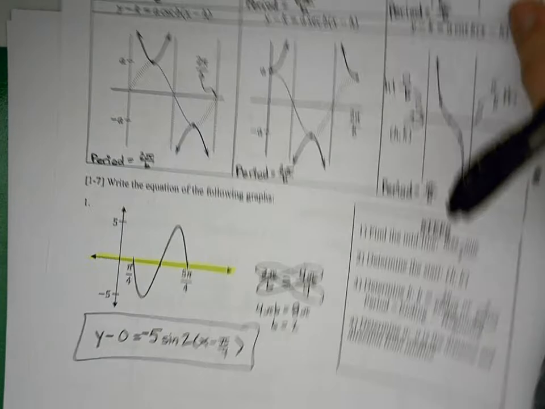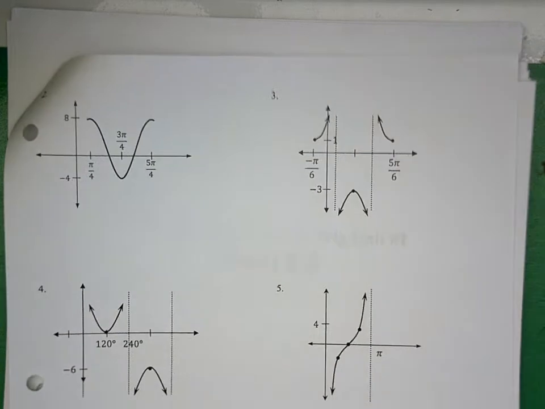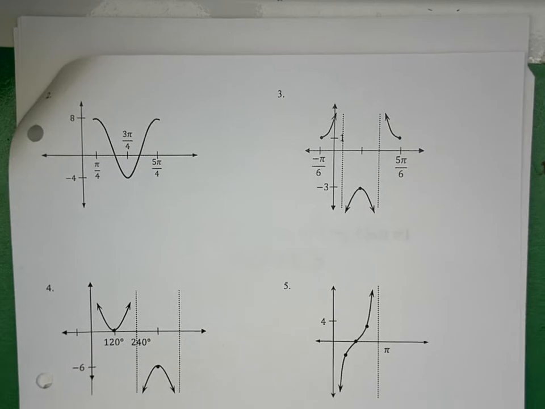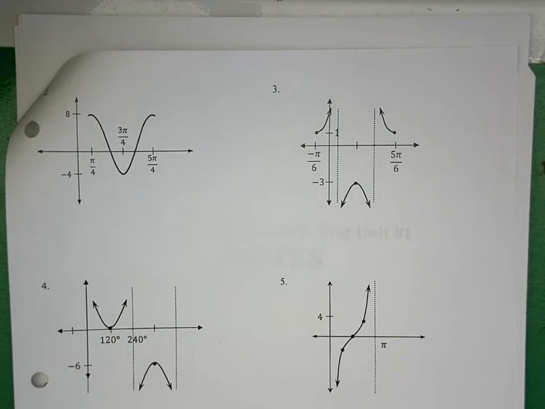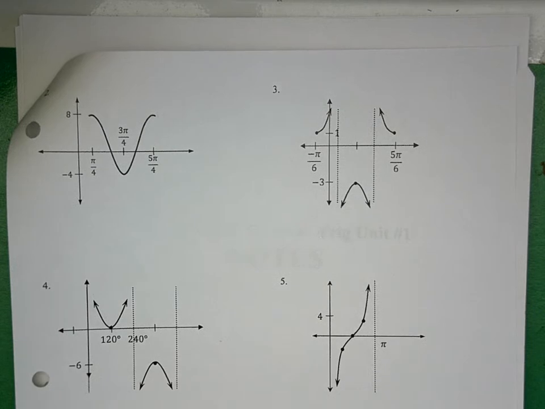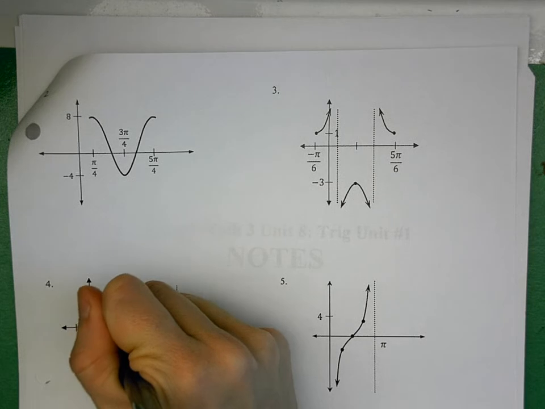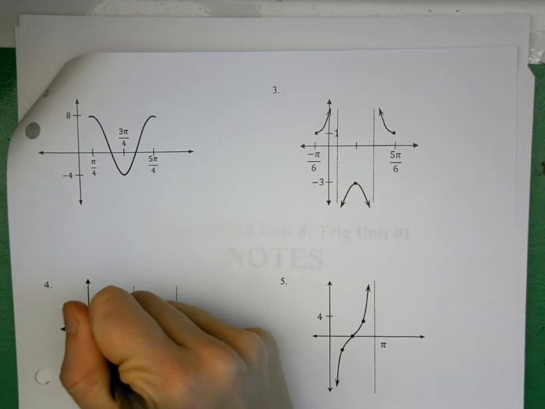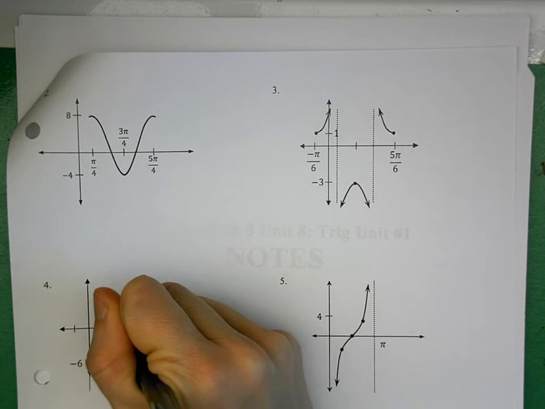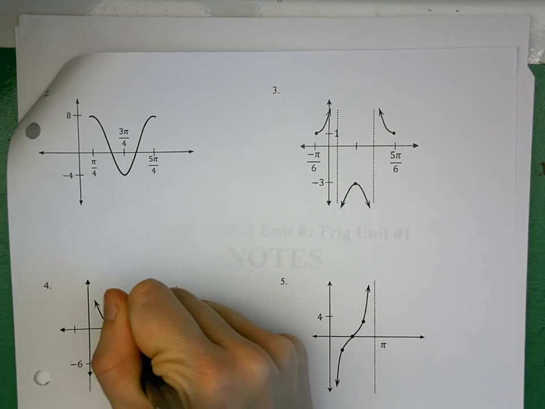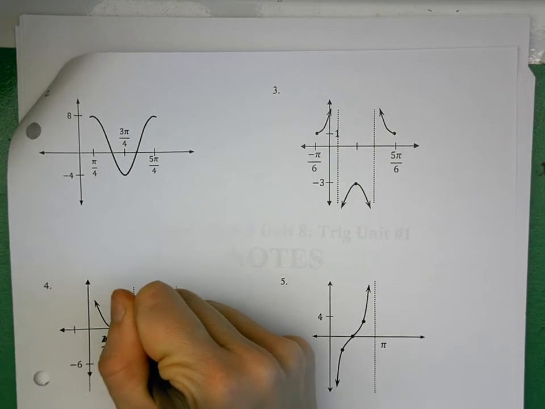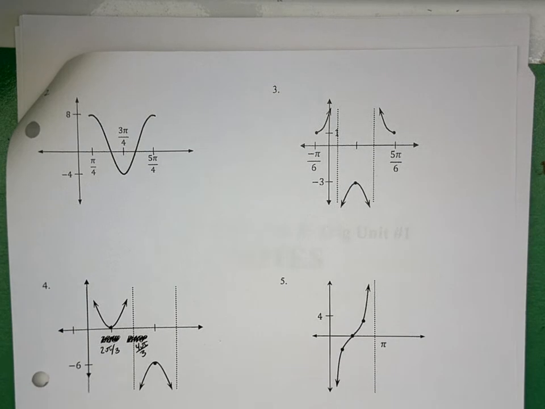Okay, number 2. Again, maybe watch one more or 2 more, whatever the case may be. Although I will say I did modify, just for the record, number 4 to be in radians rather than degrees. So if you are going to work ahead, let's go ahead right now and change that to 2 pi over 3 and 4 pi over 3, for those who are going to, like I said, work ahead.